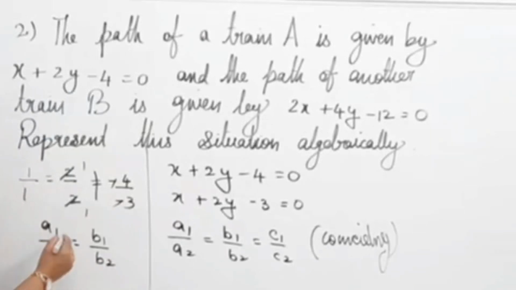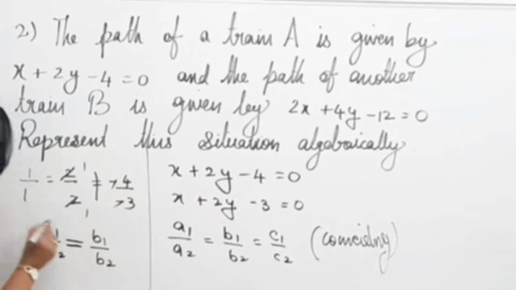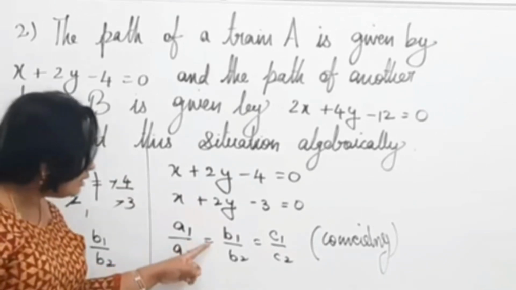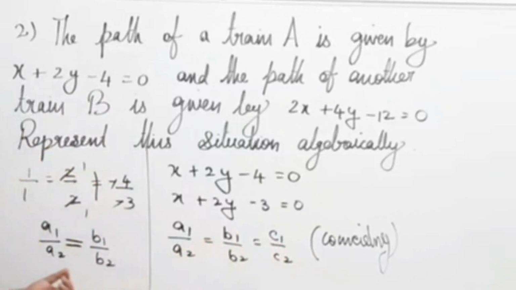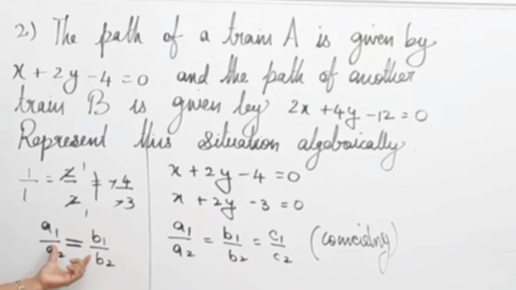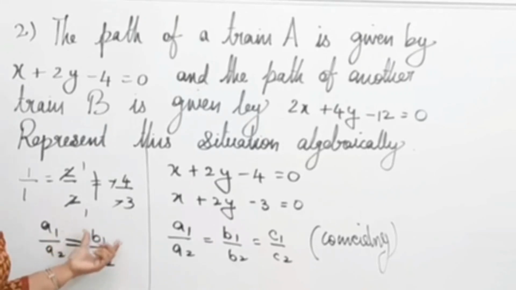They are not getting cut. But if all were equal, that means it is coinciding. And here only two ratios are equal. That means it is a parallel pair of linear equations. So parallel lines they are.